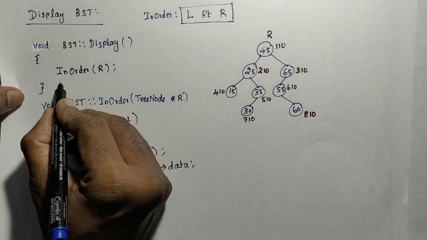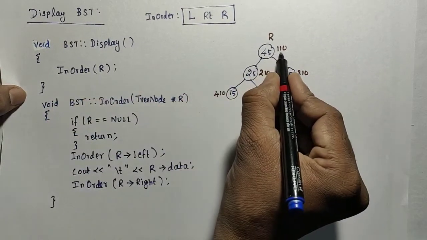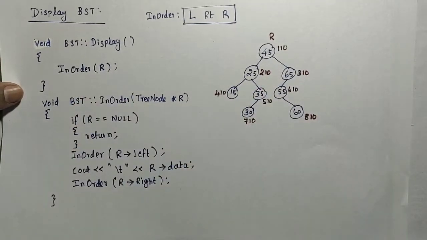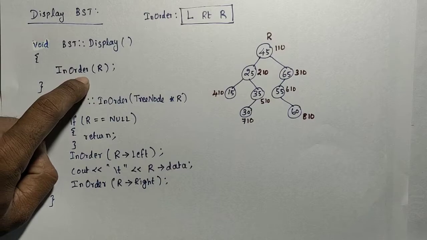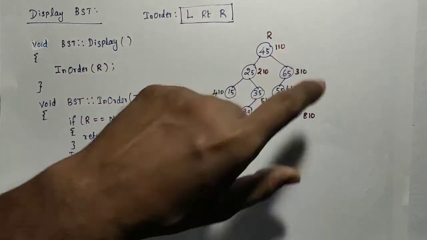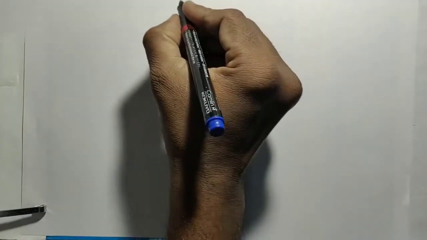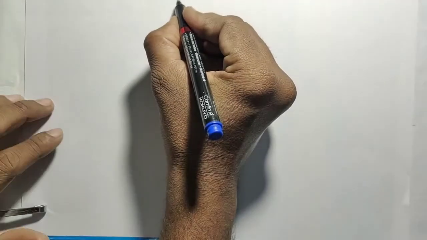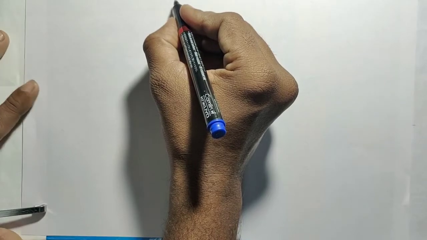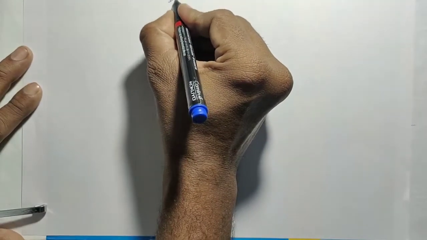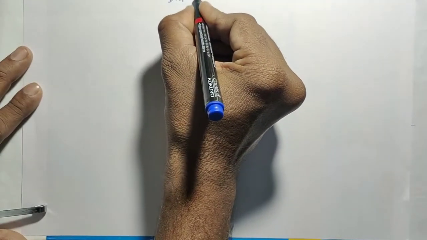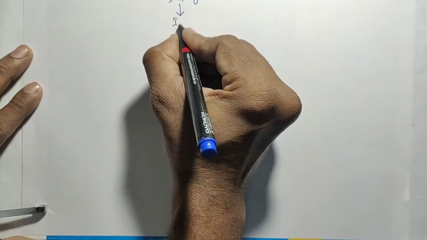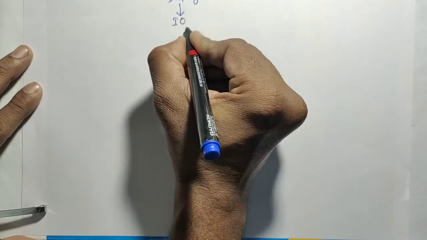So the initial call for the in order is in order of R, which is 110. From the display function we are calling in order of 110. For shortcut I am writing IO.